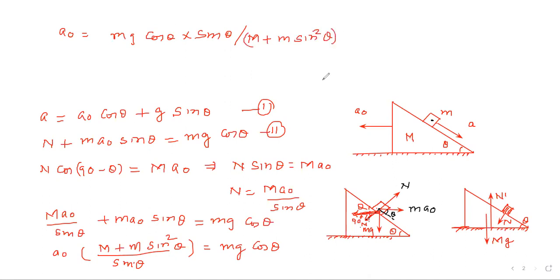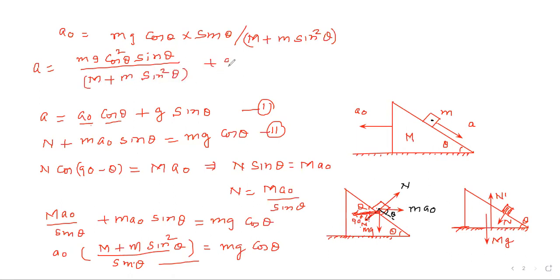So we have got the value of A0. Now we put this value of A0 here. So A equals mg cos theta sine theta, and there is already one cos theta, so this will become cos square theta, divided by capital M plus small m sine square theta, plus g sine theta.